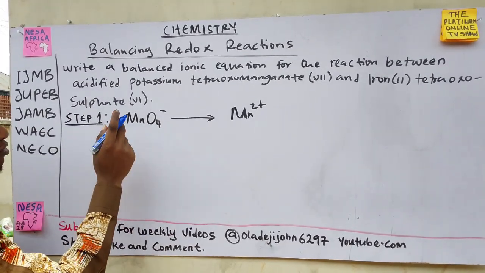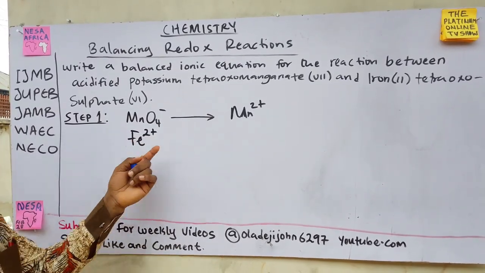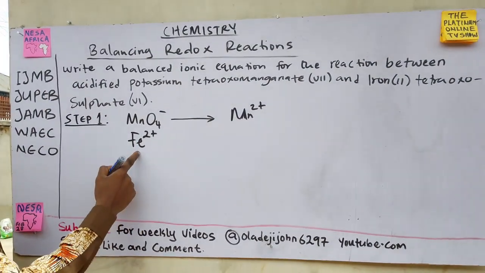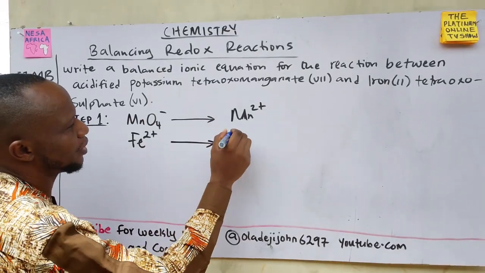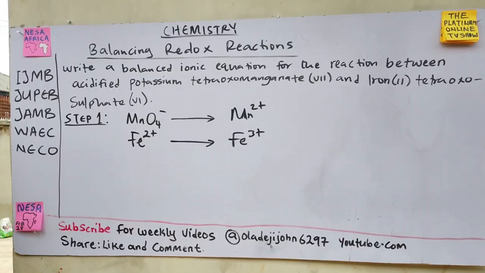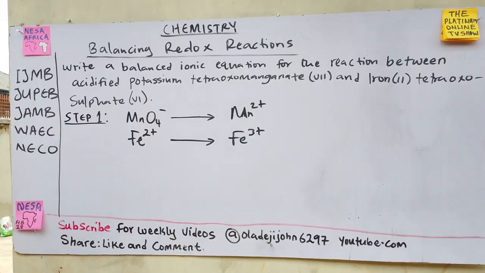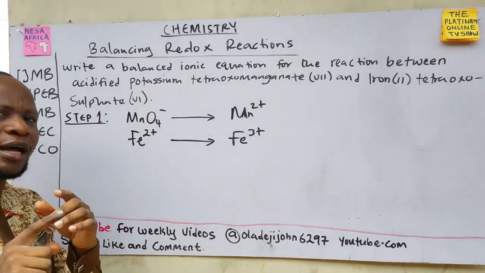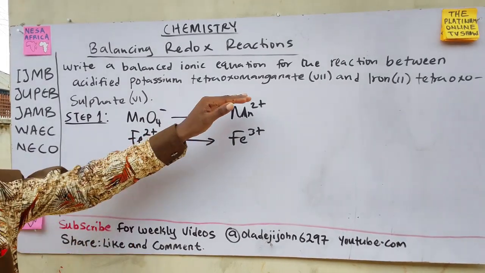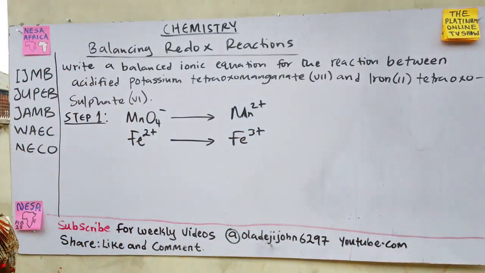Then on the second half of the equation, we have Fe²⁺. Fe²⁺ will be oxidized to Fe³⁺. In this topic, we'll be adding hydrogen ions and water to balance both sides of the equation, because it is an acidified medium.